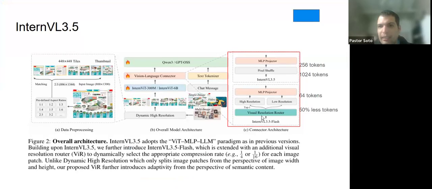You go with this visual resolution router and decide, okay, this patch is high resolution, or this patch is low resolution. And with this idea, they are able to reduce the tokens by 50%. And so the compression, when you go to the MLP projector, is 64 tokens compared to 256 tokens.